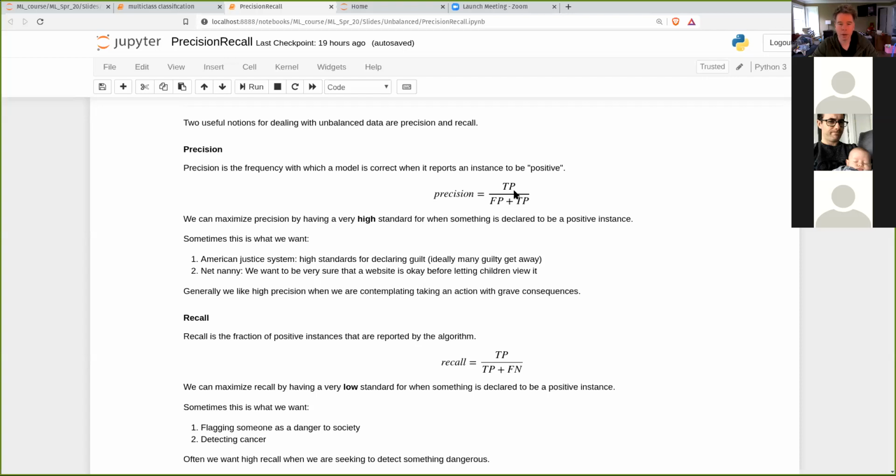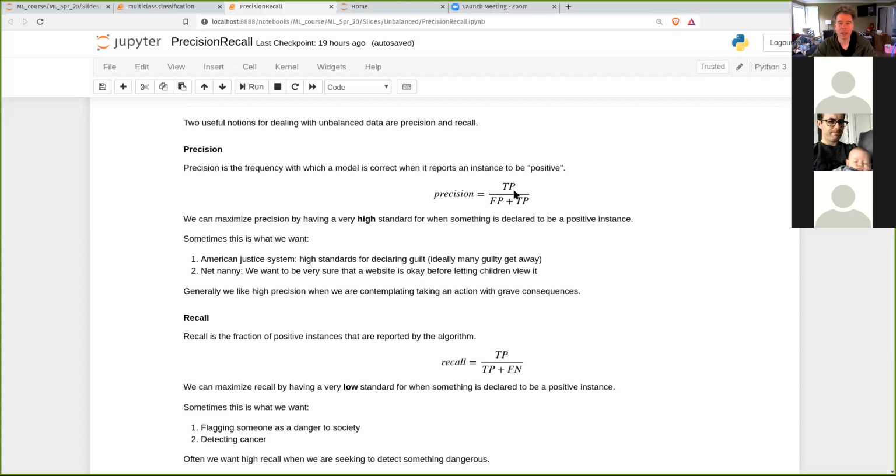Then that is the desired behavior. Another case here I took from Hands-On Machine Learning. It gives the example of a net nanny. Some people have filters on their home internet to stop their kids from looking at all the awful things that are out there. You don't want your 5-year-old looking at red rooms on Tor.